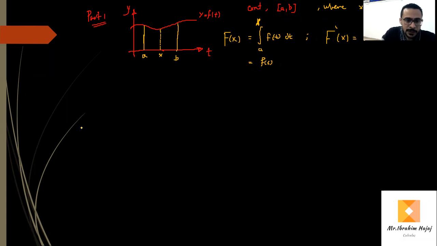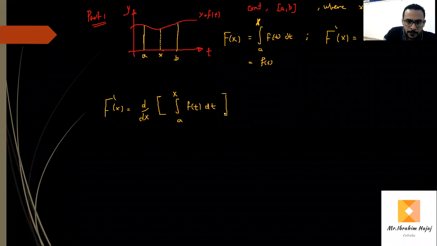Then let's take the derivative of both sides. The derivative of F uppercase of x is equal to the derivative with respect to x of the integral from a to x of the function f of t dt. And in the proof, this should equal f of x.